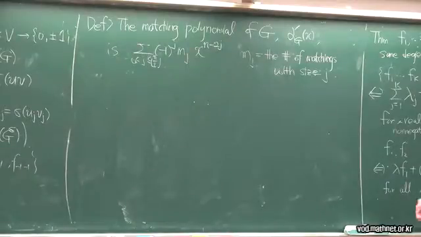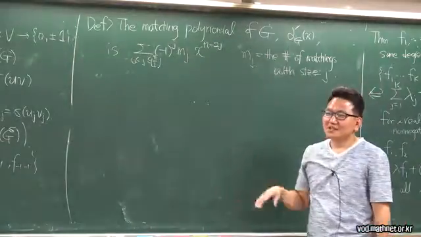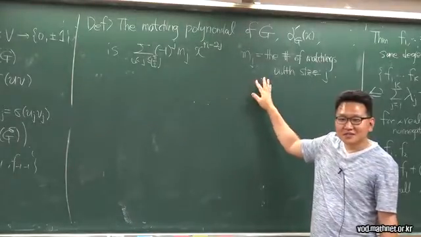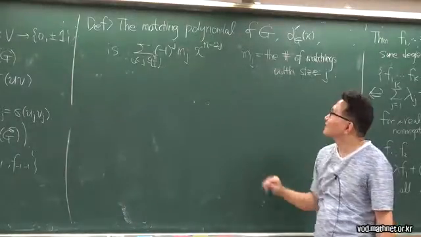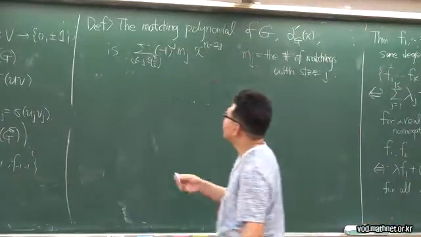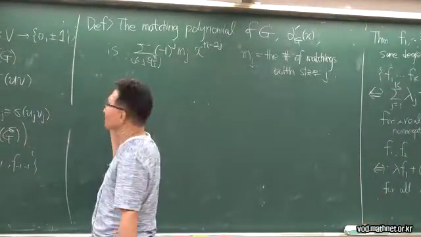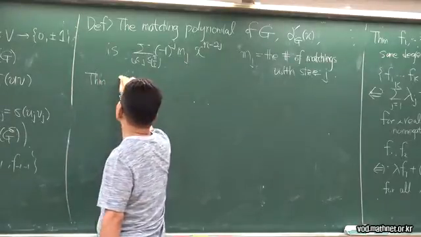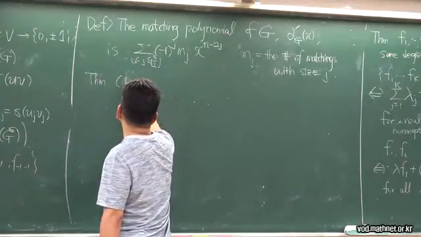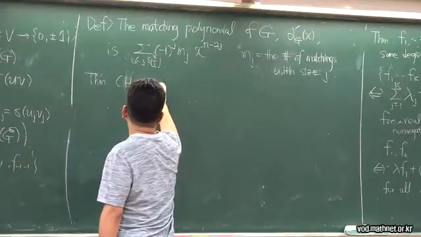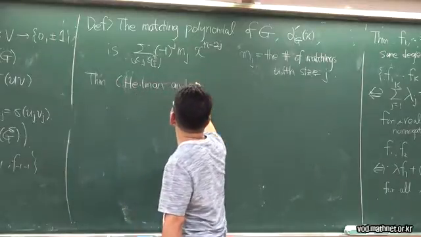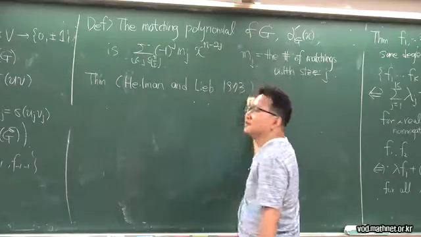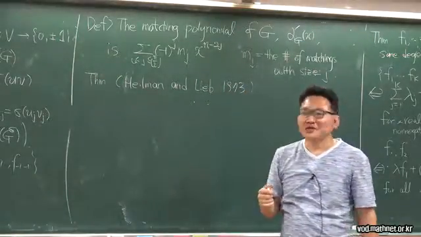So for convenience, for j equal to 0, that's just 1. So m sub 0 is equal to 1, and m sub 1 is equal to the number of edges. This was introduced by Heilmann and Lieb a long time ago, 1972 or 1973.